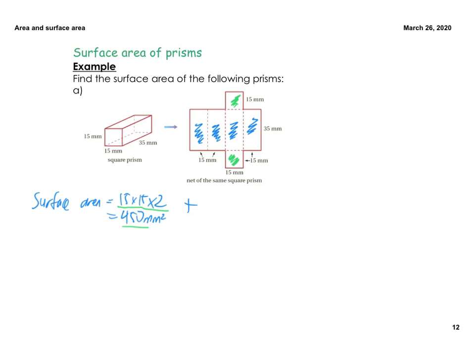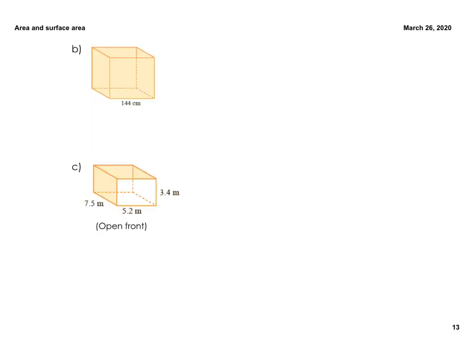So it's going to be 35 by 15. So we're going to plus 35 times 15 times by 4, which I believe is 2,100. So therefore total is going to be 450 plus 2,100. So 2550 square millimeters.